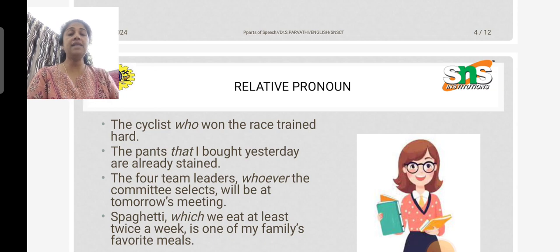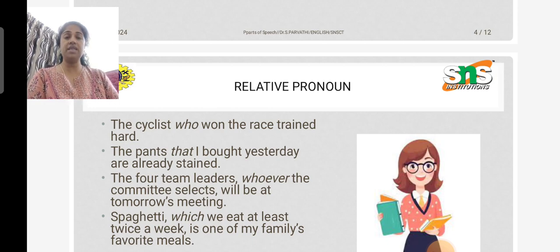The pants that I bought yesterday are already stained. Here, that mentions the pants, right? So this is called a relative pronoun. The 4 team leaders, whoever the committee selects, will be at tomorrow's meeting.